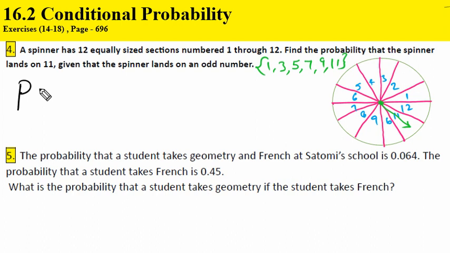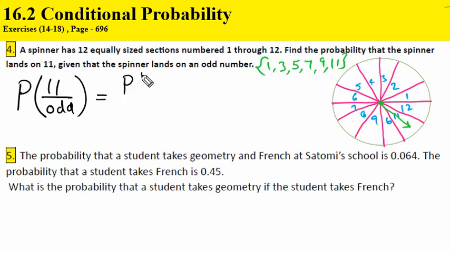Find the probability that the spinner lands on 11, given that the spinner lands on an odd number. So what you have to find is the probability of landing on 11 given that it is odd.